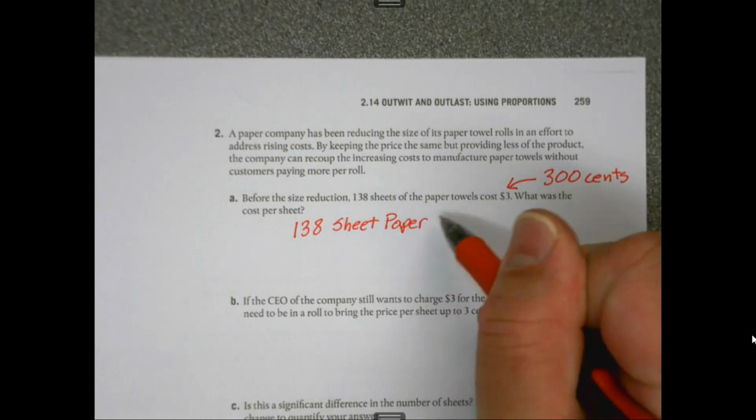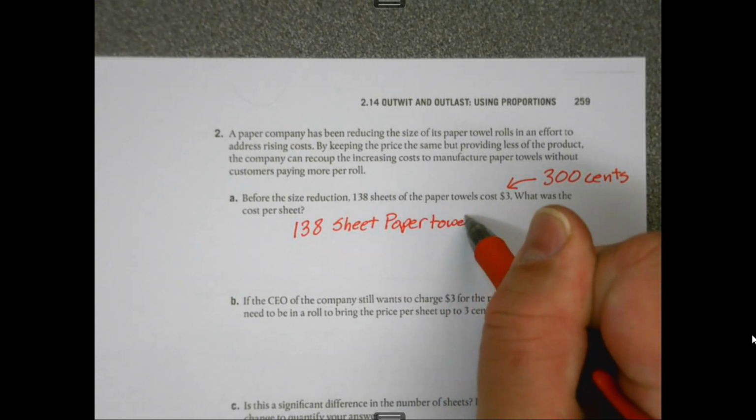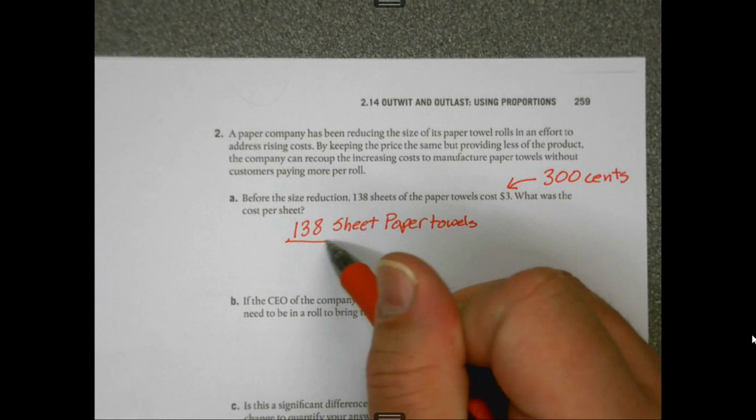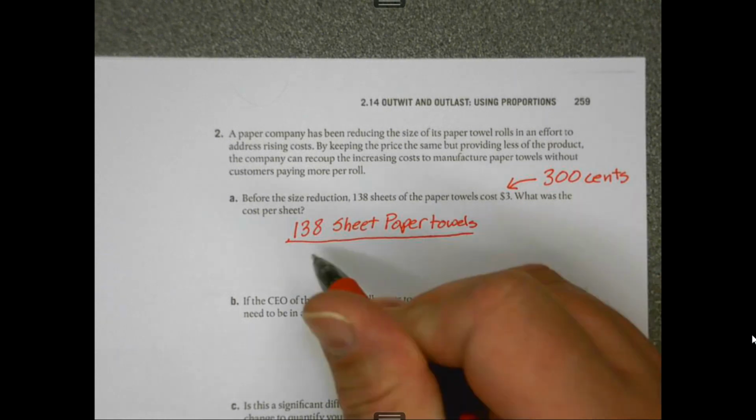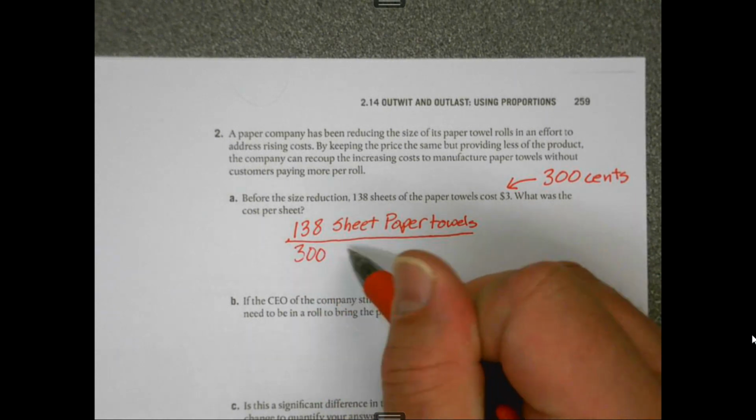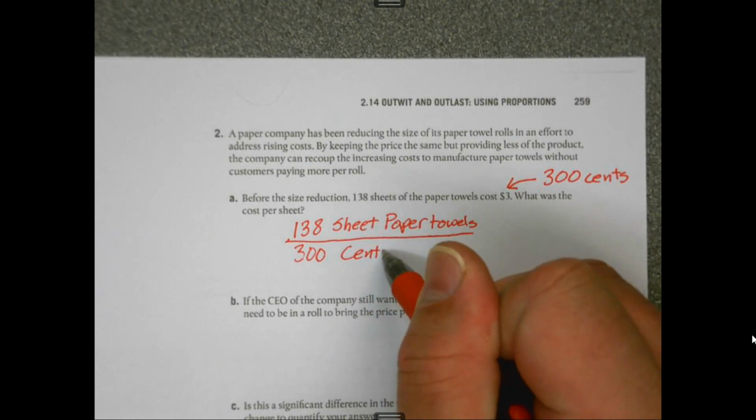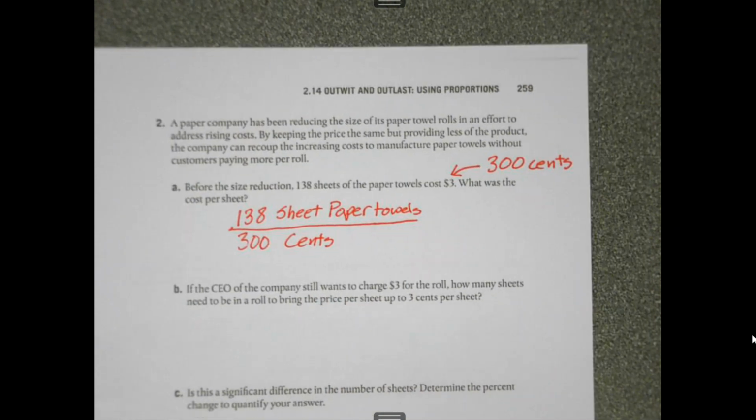If I make a single unit of measure here, I'm going to take my 138 sheets of paper towels and divide it by 300 cents.